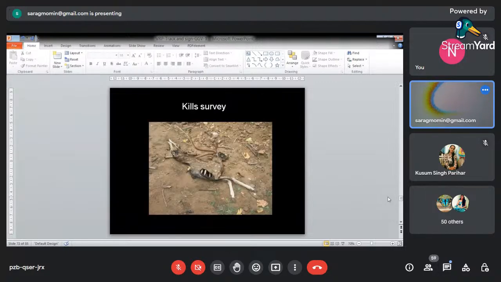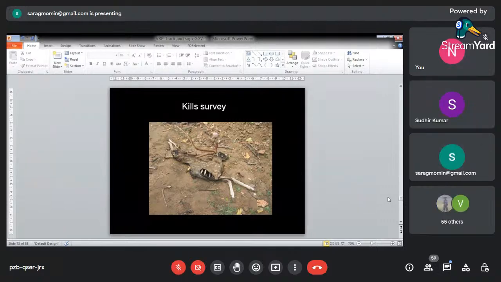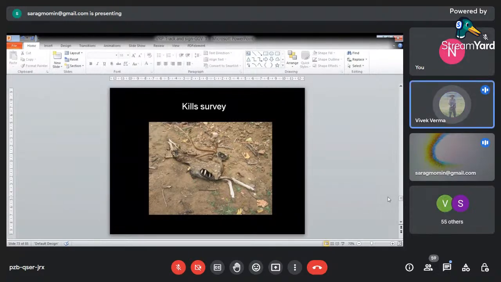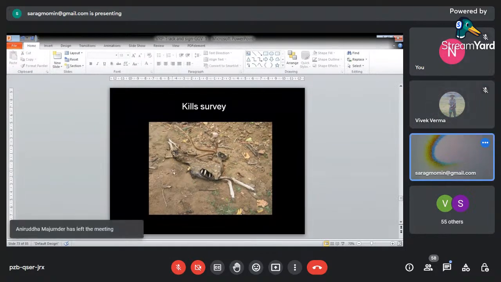Look at this kill. Can you identify the predator species? Anybody? Who can tell? Tiger. This one is a deer species. Now the question is, who has killed this deer species?